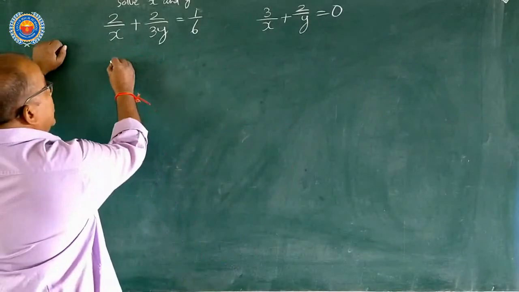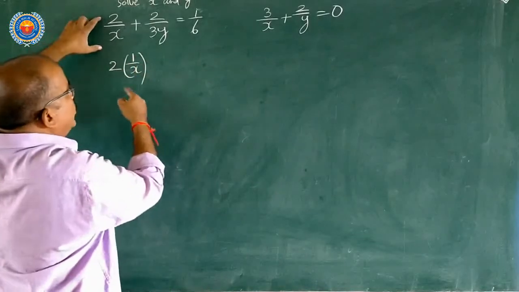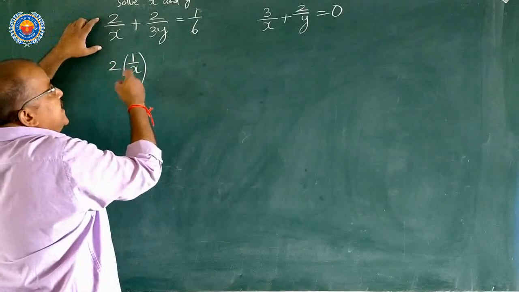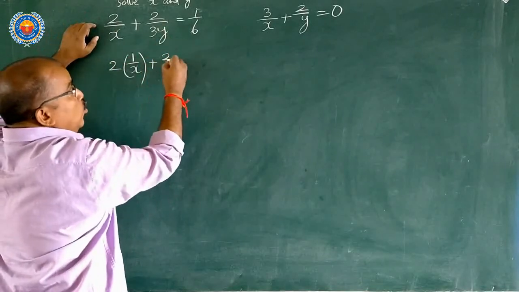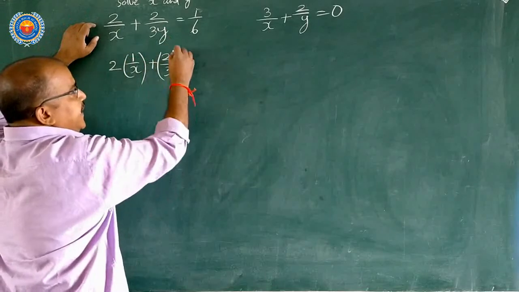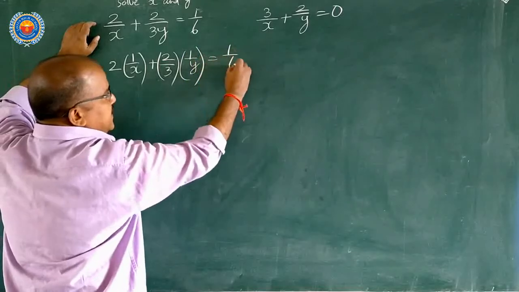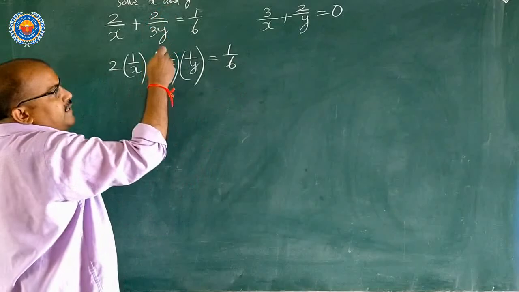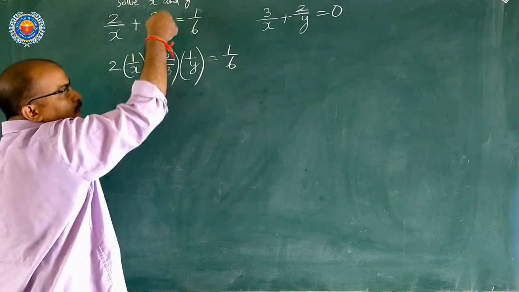Here, this is nothing but 2 into 1 by x, which is 2 by x. Then 2 by 3 into 1 by y is equal to 1 by 6. Carefully see: 2 by 3y is 2 by 3 into 1 by y.